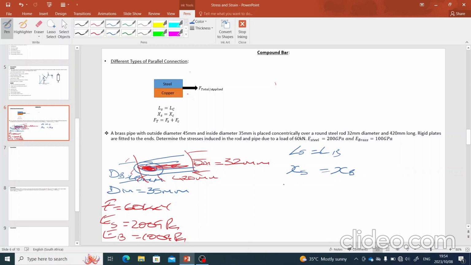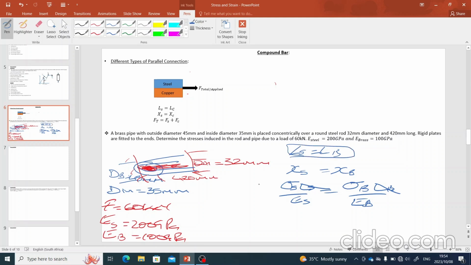Now we will use that formula: stress steel times length steel over E steel equals stress brass multiplied by length brass over E brass. The lengths will cancel out, since they are the same.